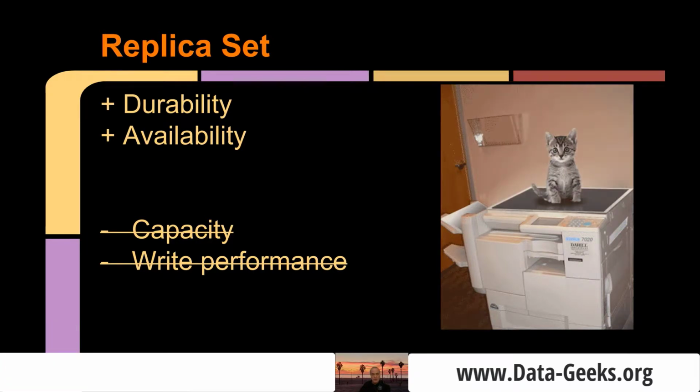Replica sets are part of this. Replica sets provide durability and availability. What's the problem with commodity hardware? Well, it's cheap. It crashes more because the hardware is cheap.